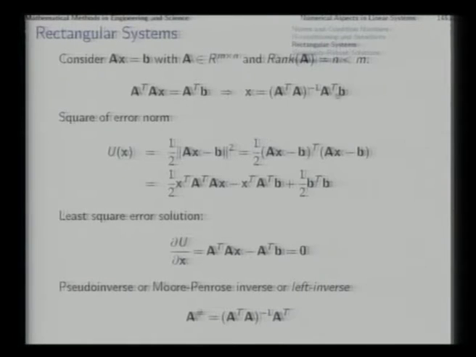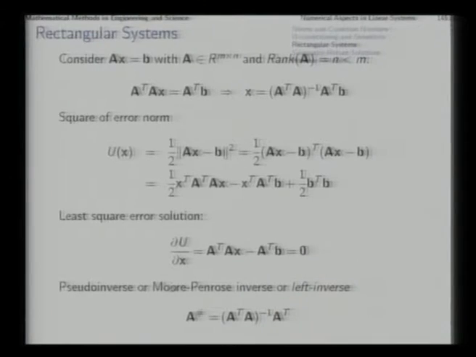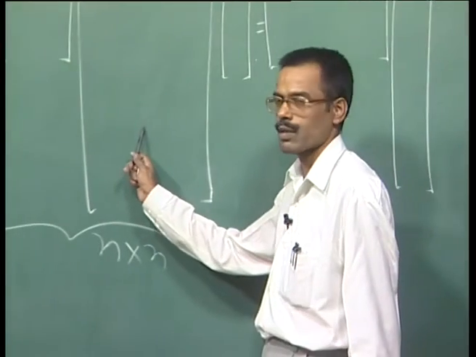That means that something is in a way acting like the inverse of A. That is why it is called pseudo inverse. It is not rightly an inverse, but it is some sort of an inverse. It is called pseudo inverse or Moore-Penrose inverse. In this case, it is also called the left inverse, because multiplication of this on the left side of A will give you identity. Now, this is one case in which the shape of the matrix is like this.